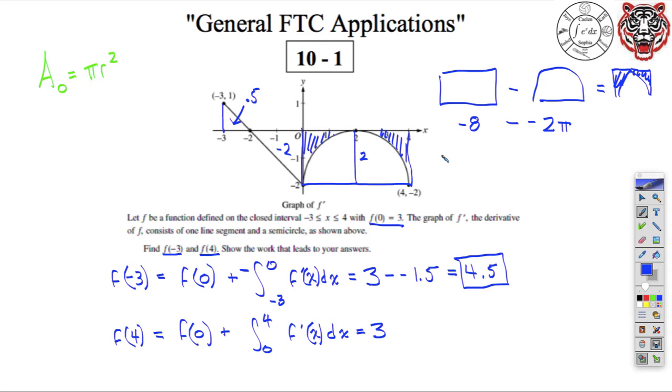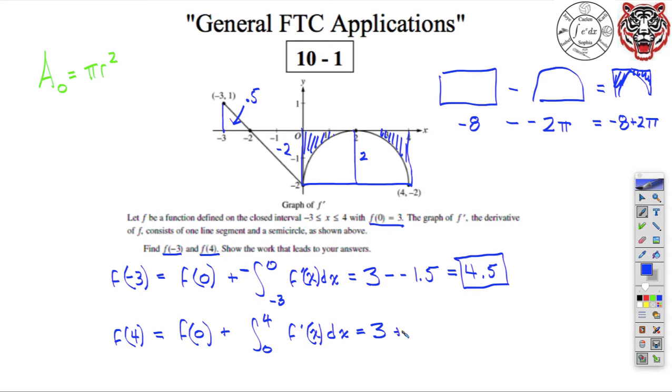Yeah. All right, so therefore our final area is 8 plus 2, 10 pi? Negative. Oh, no. So it's going to be -8 plus 2 pi. All right, so we just need to add that area.